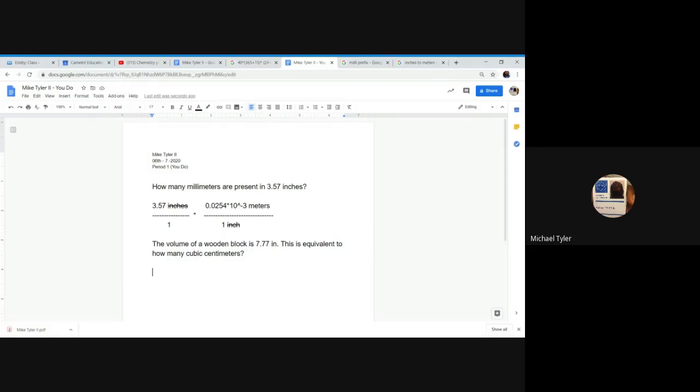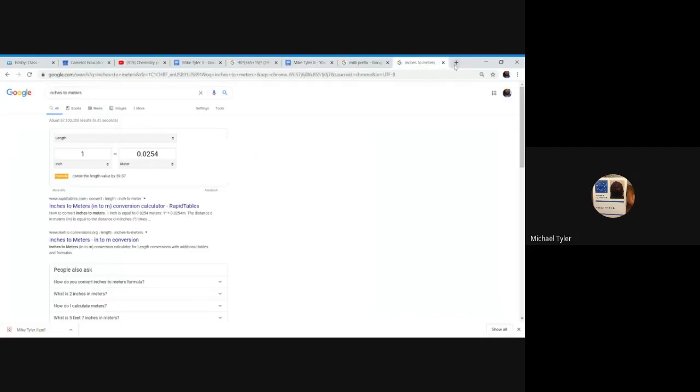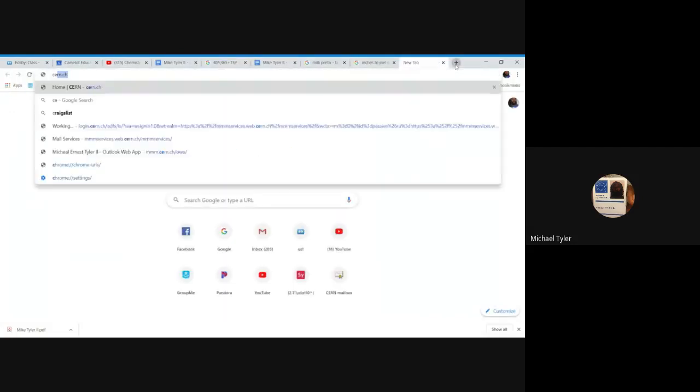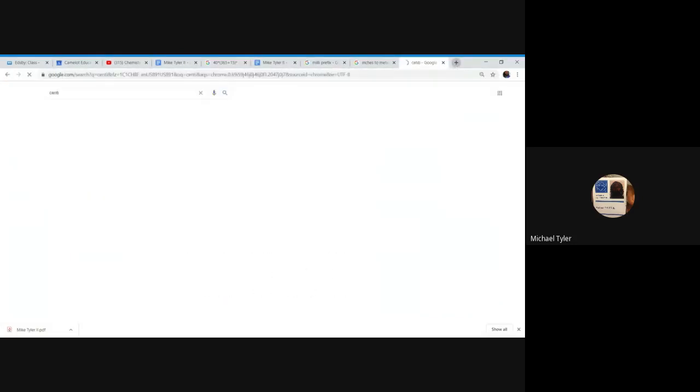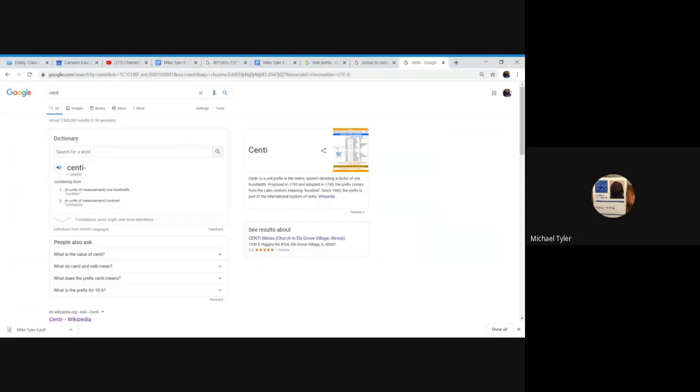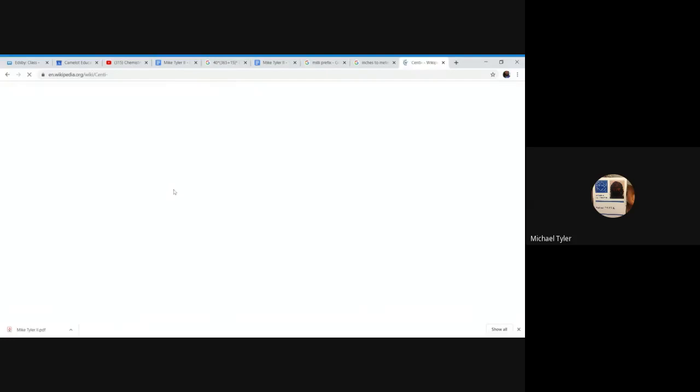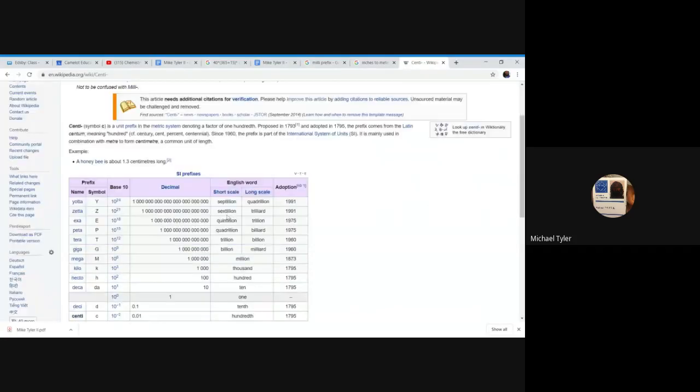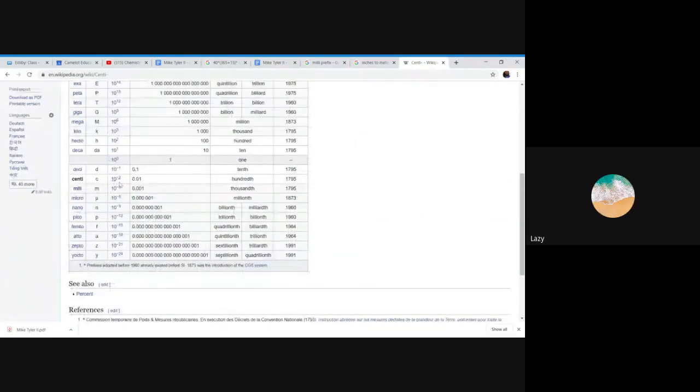There's 3 sides to a block, so that's why it's cubic. Don't worry about that part. Worry about what centi means. If you don't know what centi means, just type centi. And if you look, 1/100th. If I go to this wiki article, you'll see it's also 10 to the negative 2, if I'm not mistaken. Yep. So we'll come back.